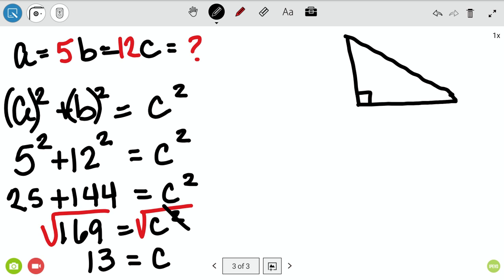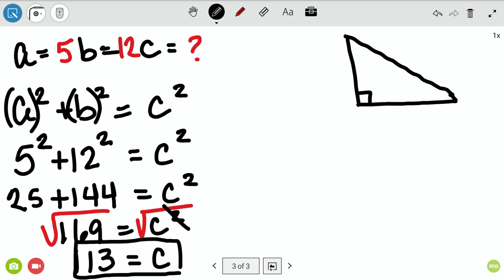If I were to ask you what's the side length rounded to the nearest hundredth, then you would just punch it in your calculator and round that crazy decimal to the nearest hundredth. But if I want the exact answer, then you need to simplify the radical, okay? But in this case, it doesn't matter because the square root of 169 is perfect. It's 13. So your answer to the side of C is 13, okay?